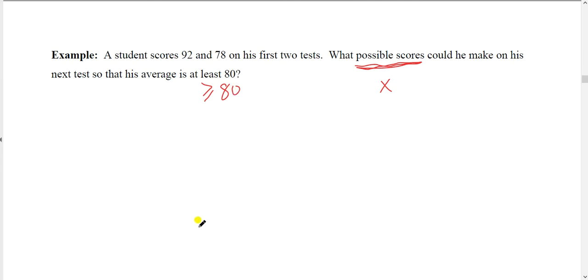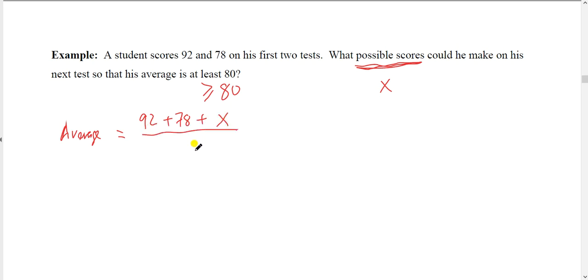Now we know we want his average to be at least 80, and we can find the average by adding the first 2 scores of his first 2 tests and then the next one for the third, and dividing by 3 for the average. The first one is 92, the second one is 78, the third one we don't know yet, that's why we let that be x.